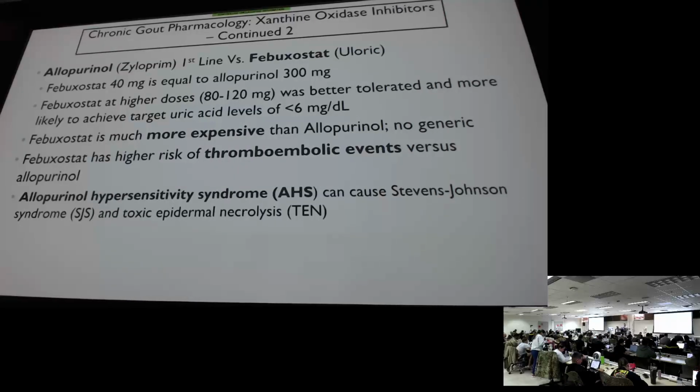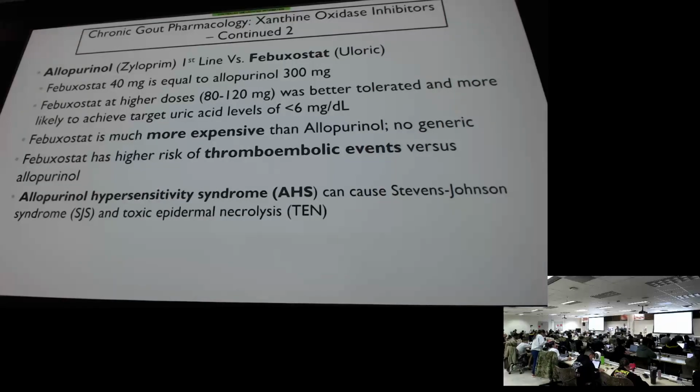And then for febuxostat, that has the increase of cardiovascular event warnings. Black box warning for increased risk of cardiovascular death. Allopurinol remains our first choice. Rare but serious side effects of that are Stevens-Johnson's and TEN. So it's a trade-off, right? Cardiovascular or SJS or TEN. Allopurinol remains the first line.